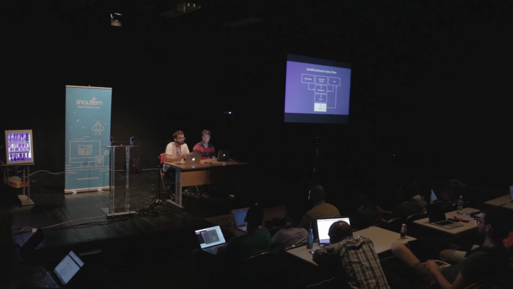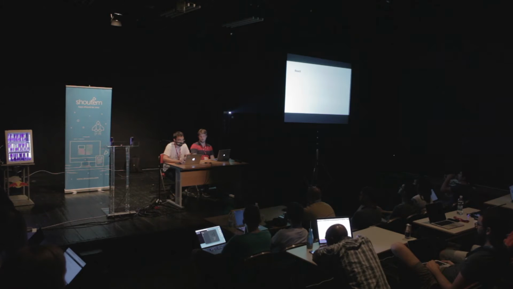You're not saying how that component should be updated once the state changes. You just say, for any state that comes here, this is how it should be rendered. And React takes care of re-rendering everything that needs to be re-rendered once the state changes. So this is unidirectional data flow.